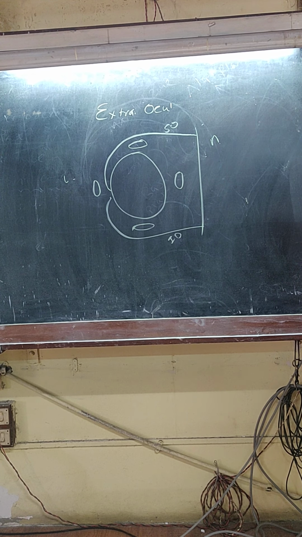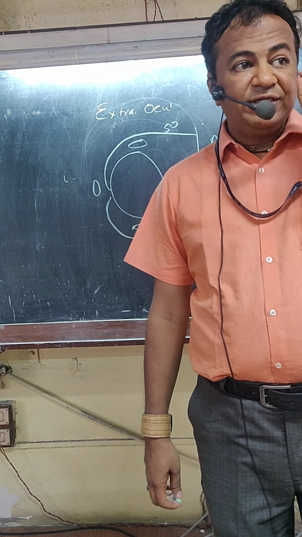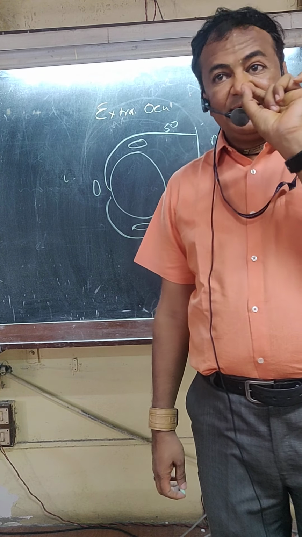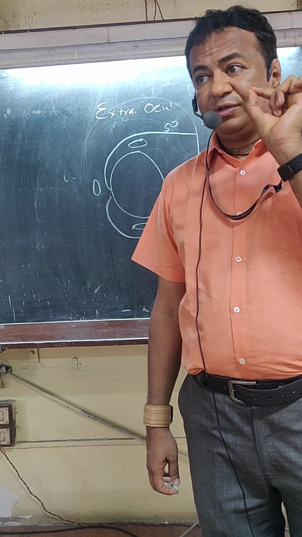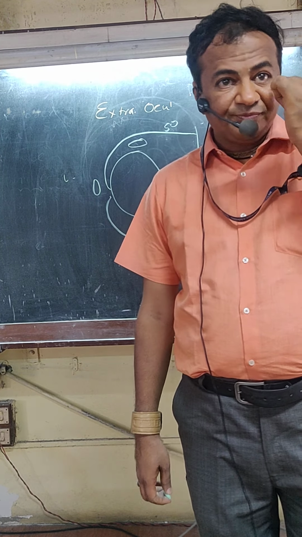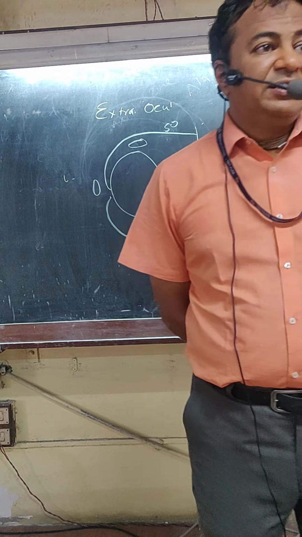If you see their origin and insertion, the insertion is behind the limbus. What is the limbus? Where the black and the white portion of the eye meet. The cornea and sclera meet, that is the limbus.